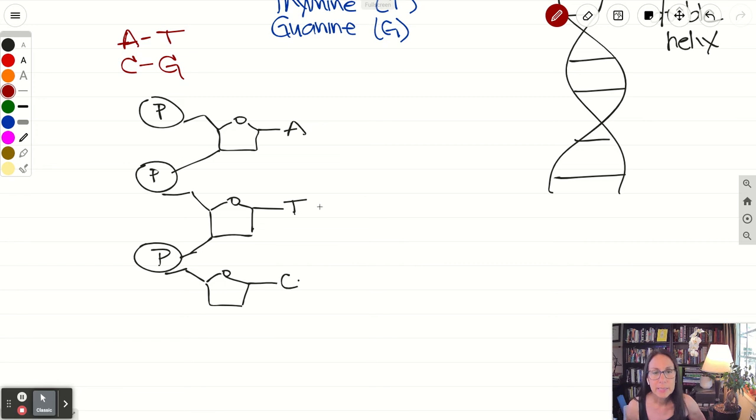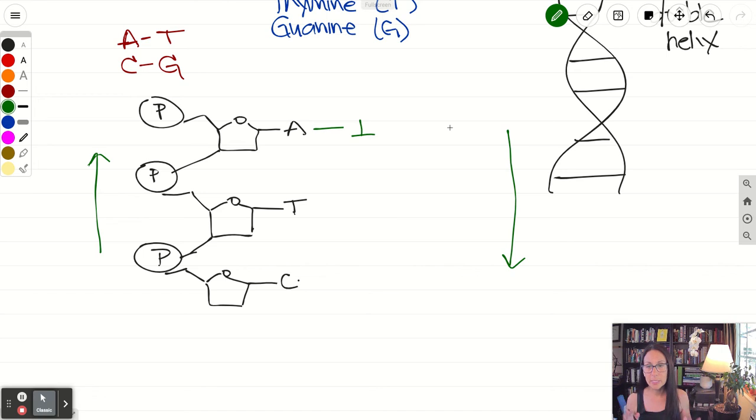So when you're making this ladder, this A is always going to bind with T. So I'm going to draw the other side of the ladder on this side. A is always going to bind with T, and the other side is going to be upside down. So this side is going right side up, but this side is going to go upside down. So I'm going to draw this upside down.